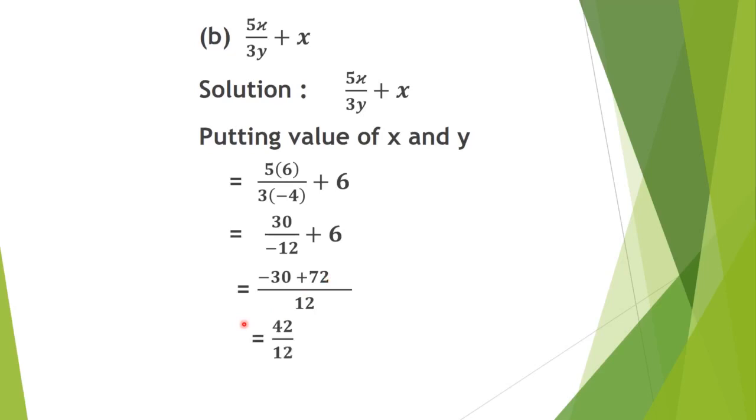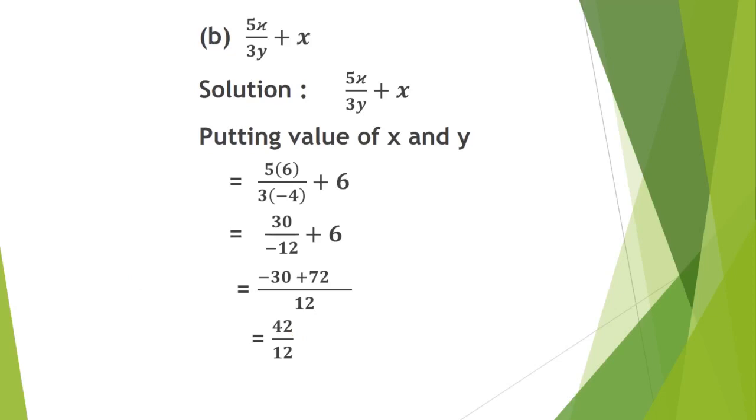Now minus 30 plus 72, the operation will be subtraction. When we subtract 30 from 72, the answer will be 42, as 72 is the greater number having a positive sign, so the answer also has a positive sign.